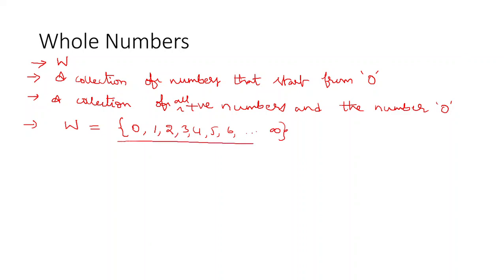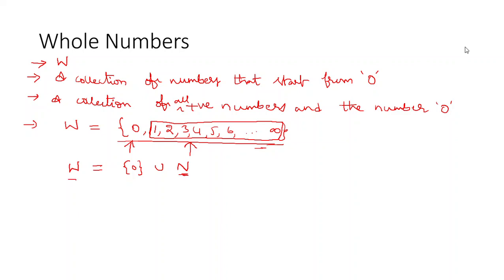This set is called the whole number set. The whole number set consists of all positive numbers and the number 0. If we observe, we can write the whole number set as the set {0} union the natural number set, because these positive numbers are nothing but natural numbers.